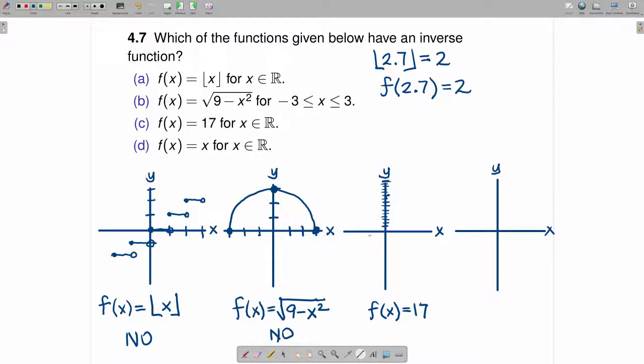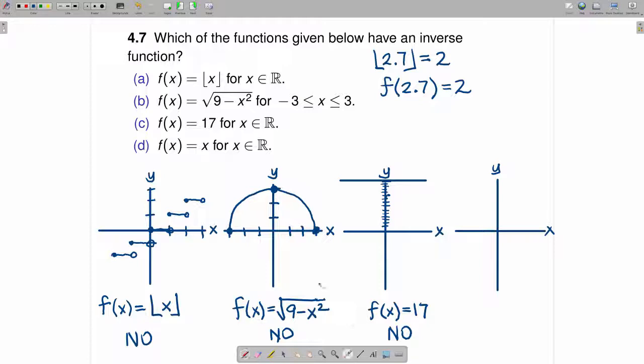I could draw the function f of x equals 17, and there it is. Notice once again, that passes the vertical line test. We know that because it's a function. But I can come up with a horizontal line, namely the one at y equals 17, and it does not intersect that 0 or 1 times. And because of that, the answer to this one is no. That function does not have an inverse.